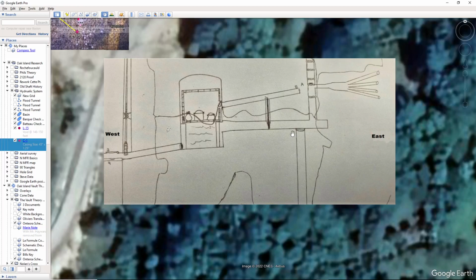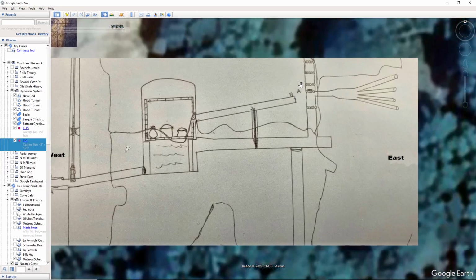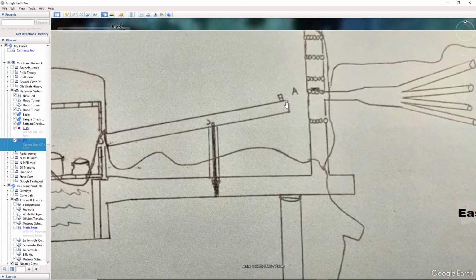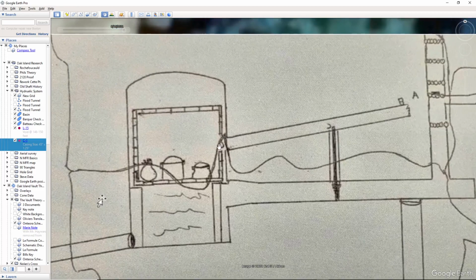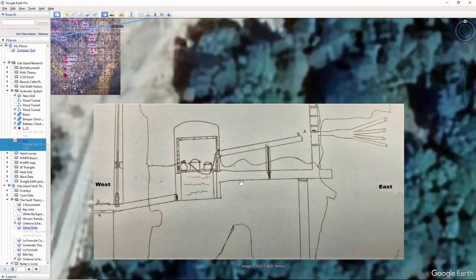According to La Formula, from the point where you enter, which is what we call the 522 entrance, it's supposed to be 522 pi, and this is called La Hampe. This is where you shut off the flood waters to the system so that the vault can lower and you can enter through this entrance here. So this is the OnTR schematic.